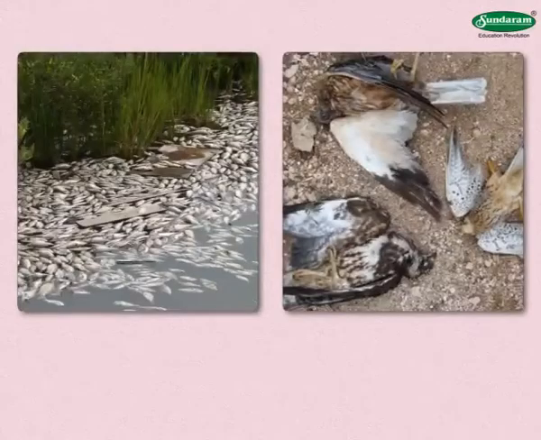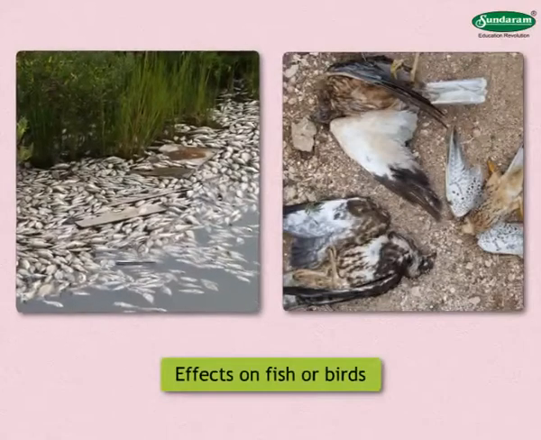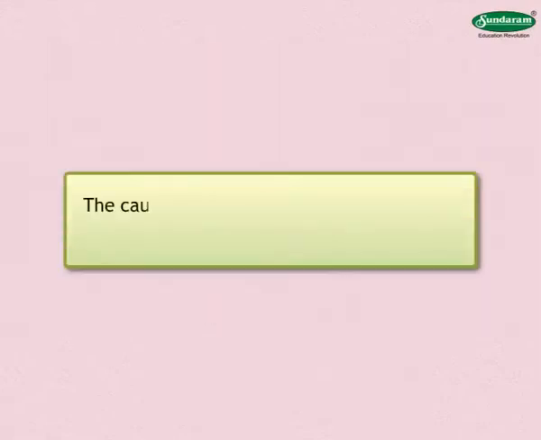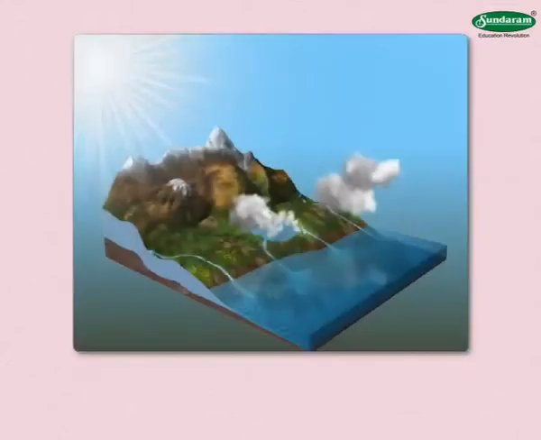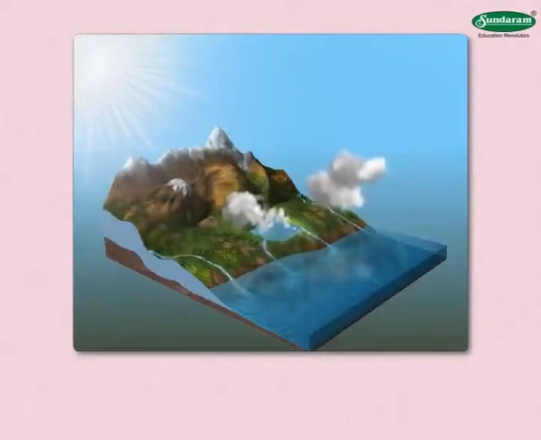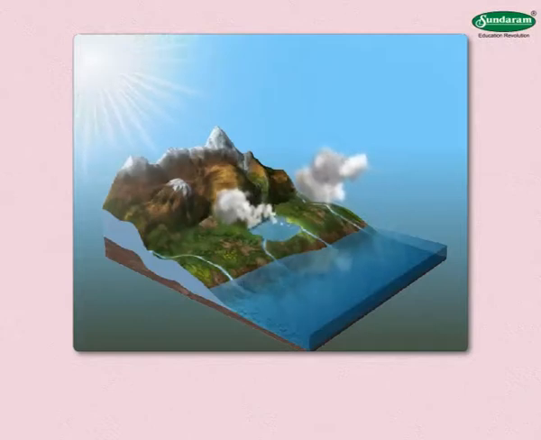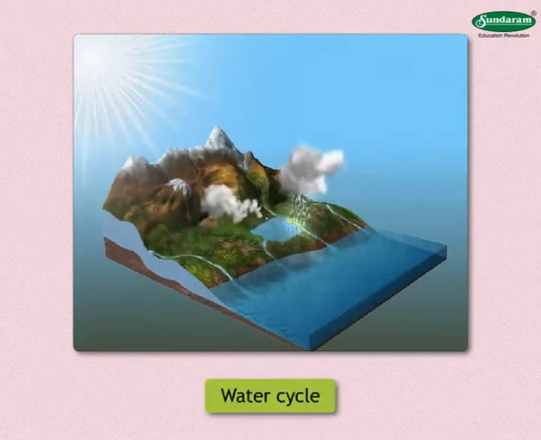Collect news items. We sometimes hear of some harmful effects on populations of fish or birds. The causes of these harmful effects are also given in the reports. Select such news items. The continuous conversion of the water on the Earth's surface into vapor to form clouds, and its return to the earth as rain constitutes one of nature's cycles, called the water cycle.